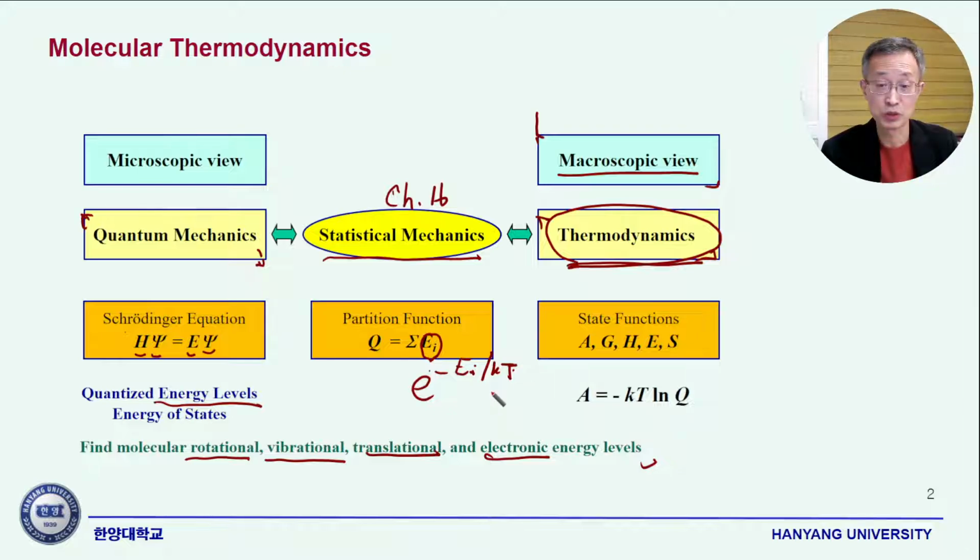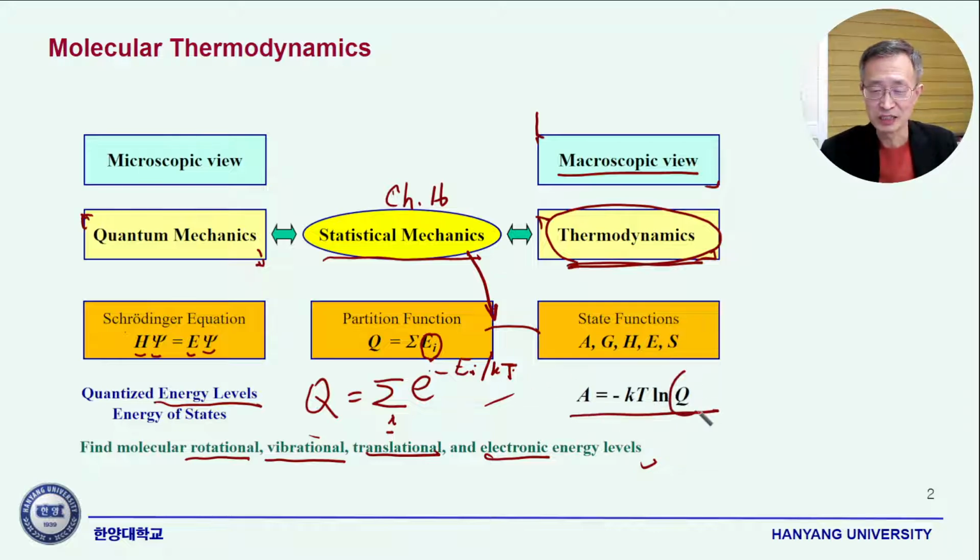The sum of this over the levels or states is what we call the partition function. We obtain the partition function, actually the sum over states. The state sum is the partition function.